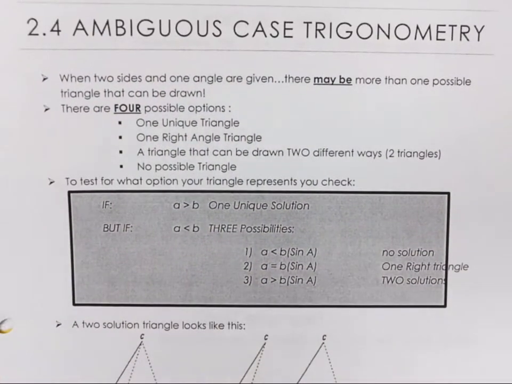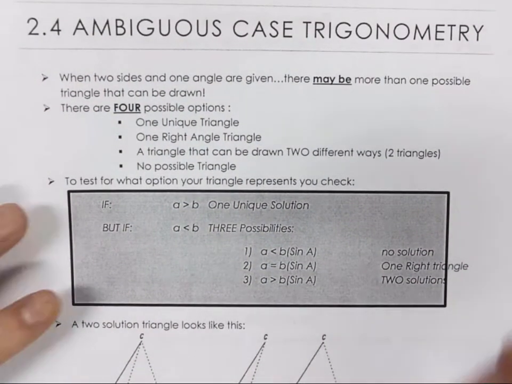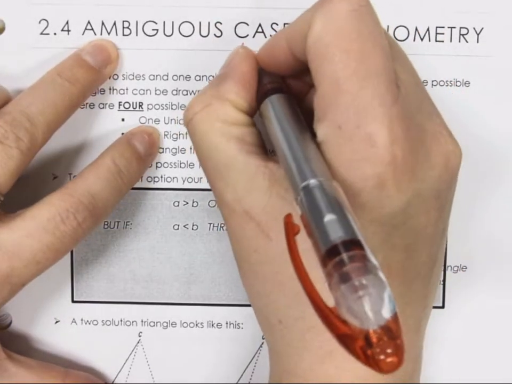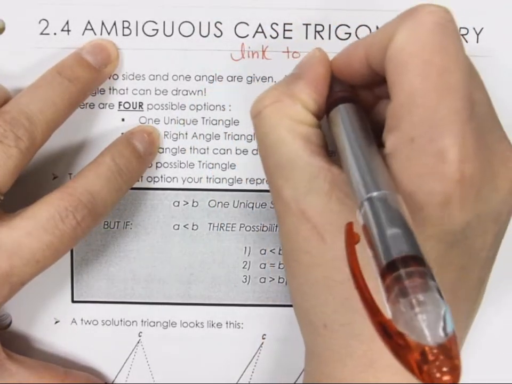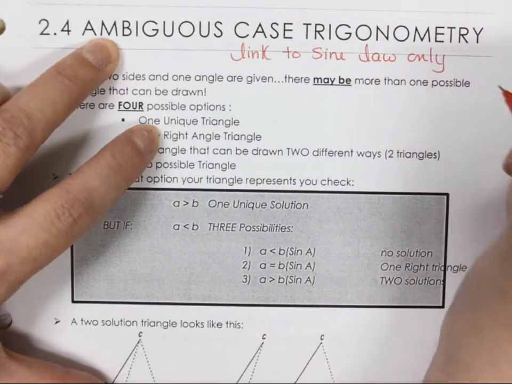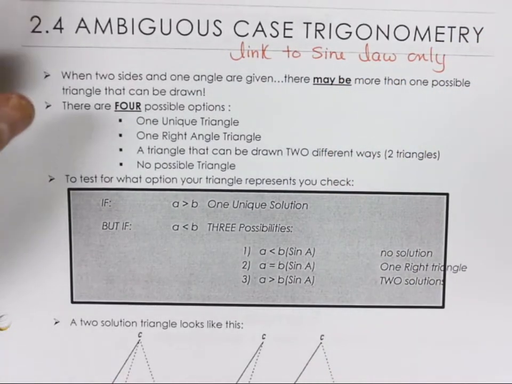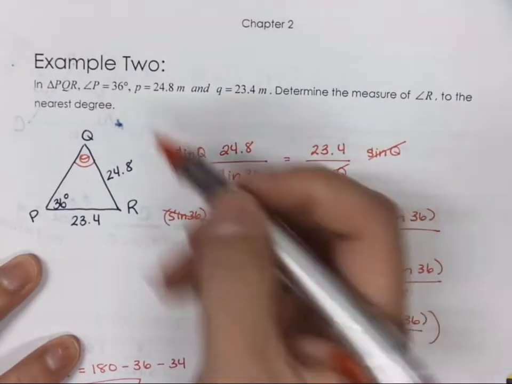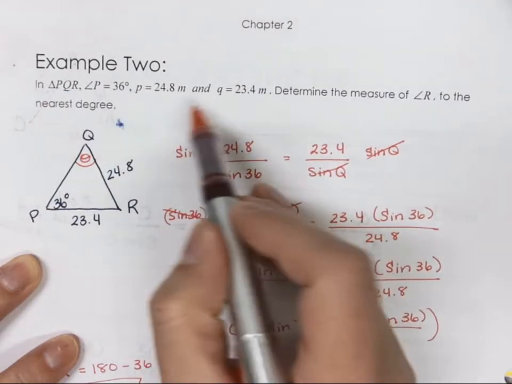All right, so ambiguous case trigonometry. Did you guys remember when I said that I like to do these? Because then I don't have to digitally draw a triangle.